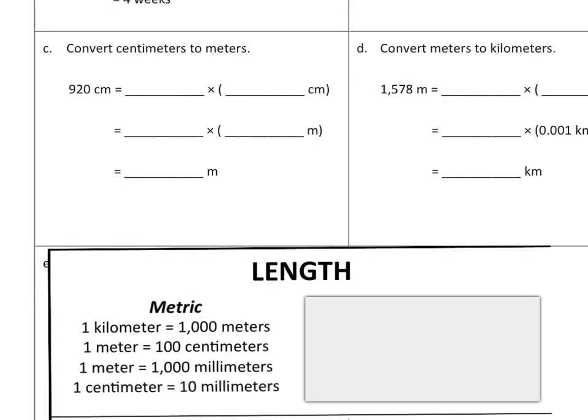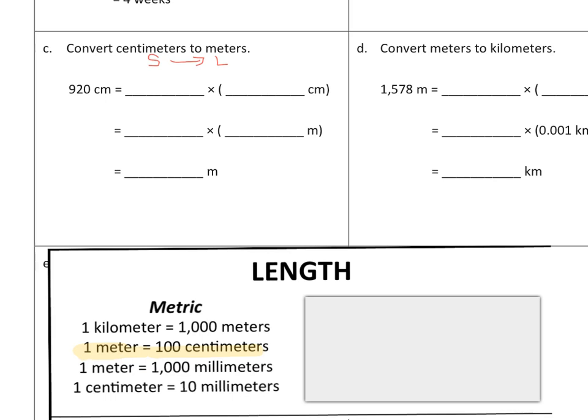All right, let's look at C. We're converting centimeters to meters. So centimeters is a smaller unit, and we're going to meters, which is a larger unit. And if you look down in the conversion chart right here, we have 1 meter is 100 centimeters.